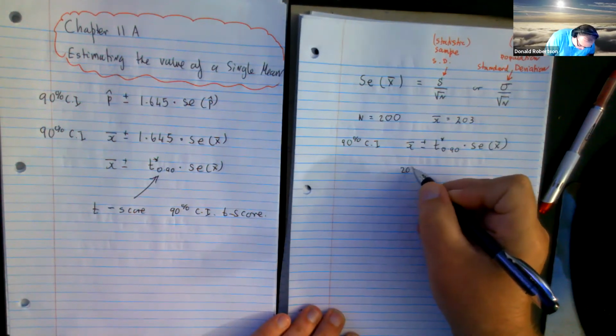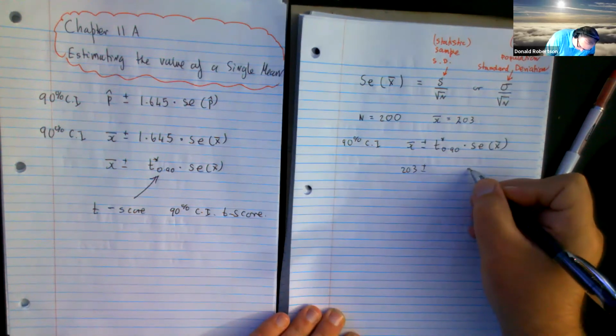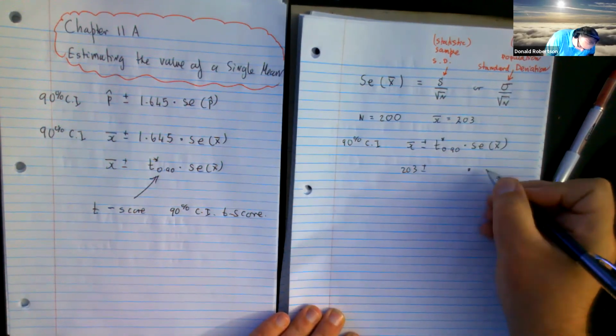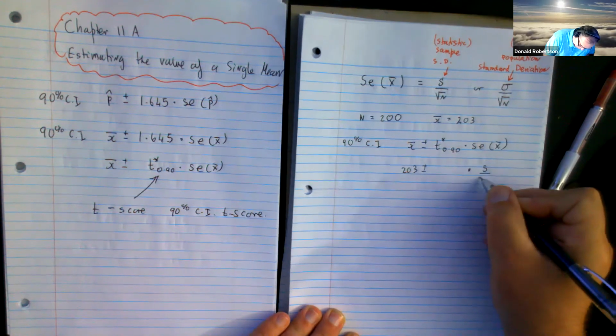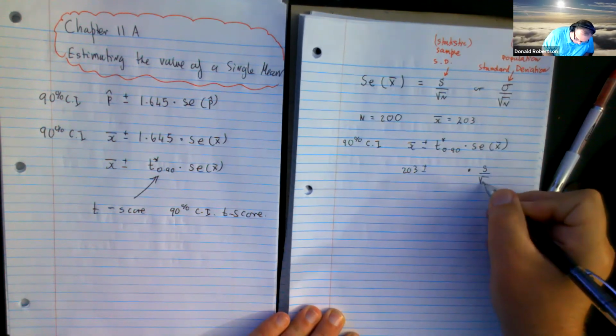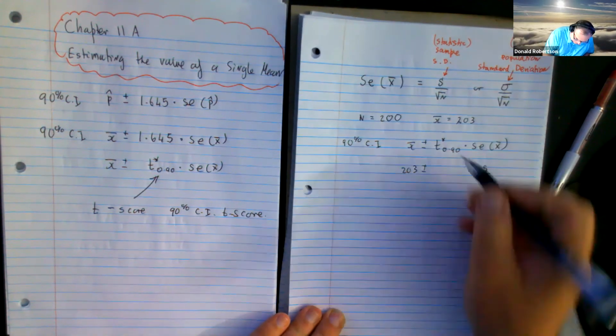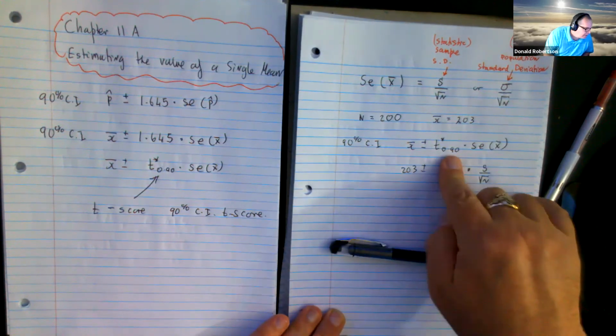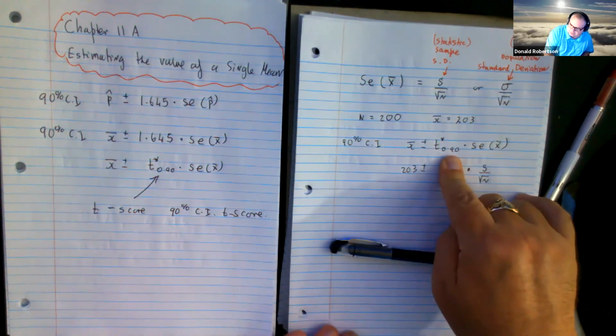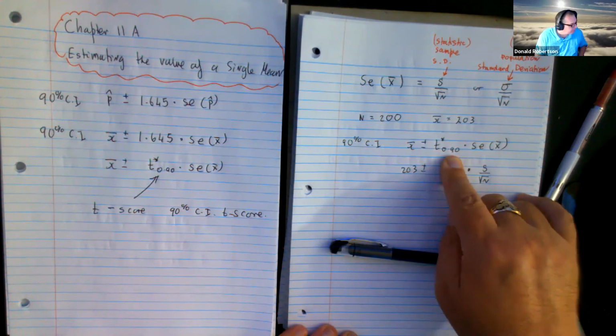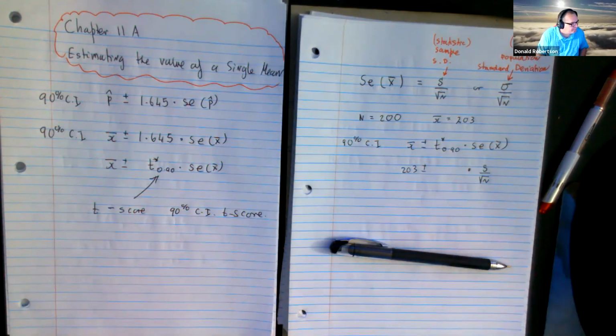That magic number, can't tell you what it is yet, but I will. And this is going to be S over the square root of n, right? Now that guy there can come from software. That guy there can come from tables of values, right? Can come from all sorts of different places. I'm going to see if I can, you can't see what I'm doing, but I will show you this later.